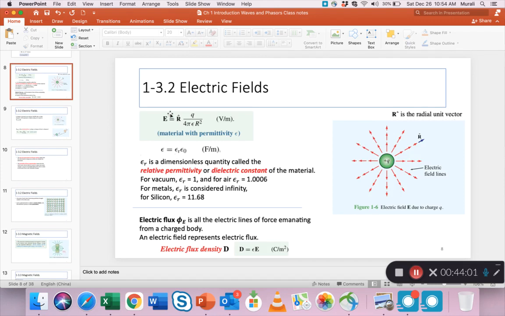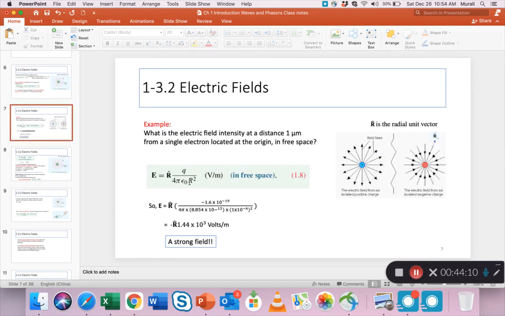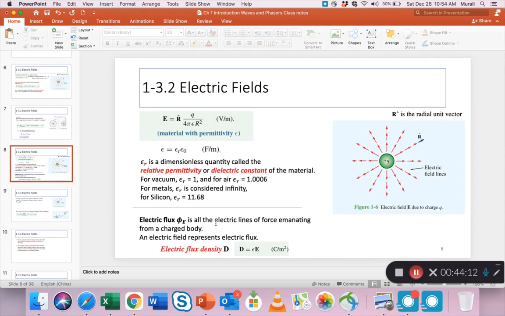This formula for electric field intensity E, right? And electric flux. But the reason there's not any problems given in the textbook, and also we're going to do much of this later on as we go into the future chapters, so I haven't spent too much time on this, but you should at least know that these formulas are important and we're going to use them in the future.